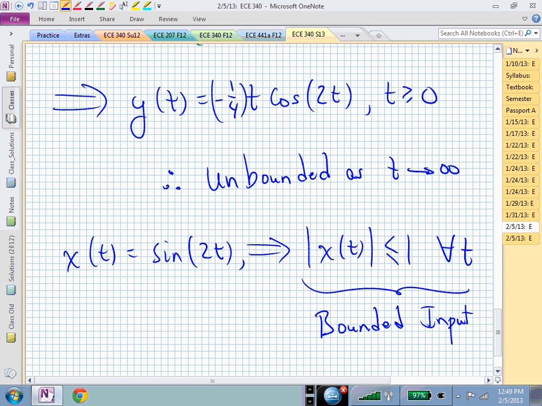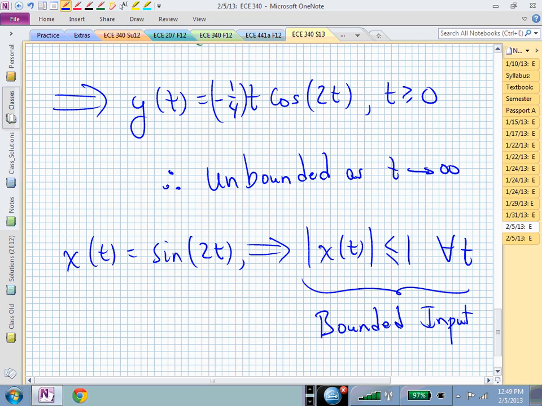You have to go back to whatever tables you like, or whatever way you like to inverse Laplace transform, and you will find that when you have a factor, let's say in this case, s minus j2 quantity squared, that's going to give rise to terms that will eventually end up giving you this minus 1/4. But the t in front of the cosine is due to the quantity s squared plus 4 quantity squared. That squaring in the Y of s gives us the t, and that's the critical thing.